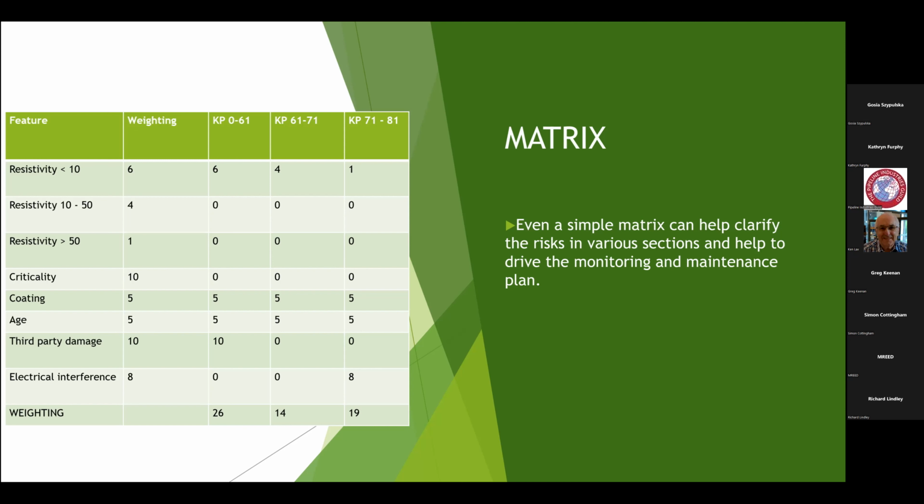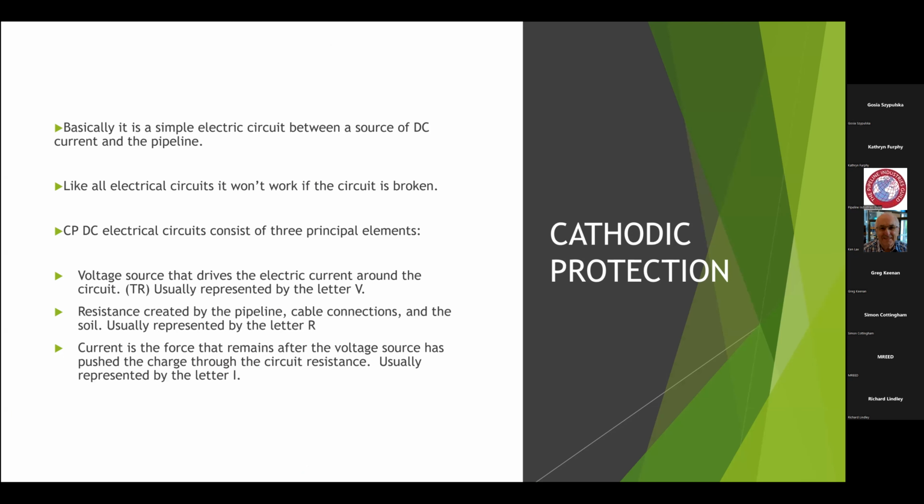But in this little example, we've broken it up into 3 pipeline sections between 0 to 61, 61 to 71, and 71 to 81, just as an example. And at the bottom, you can see the weighting is highest for 0 to 61. So that would help to drive you to develop a routine monitoring and maintenance that suits that kind of situation.